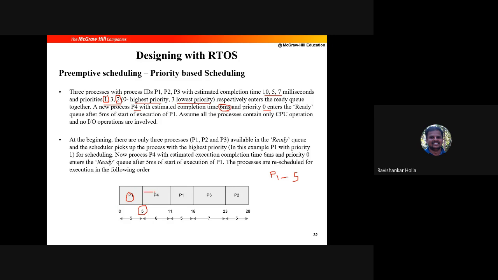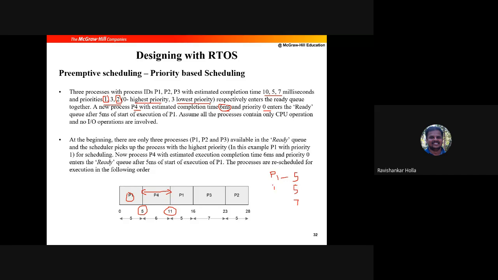This question does not tell us whether any other higher priority task comes in the time frame 5 to 11. If it comes also, it can't be higher because the highest priority is already given to P4. At the 11th millisecond, P1 is left with 5 milliseconds, P2 is left with 5 milliseconds, and P3 is left with 7 milliseconds.